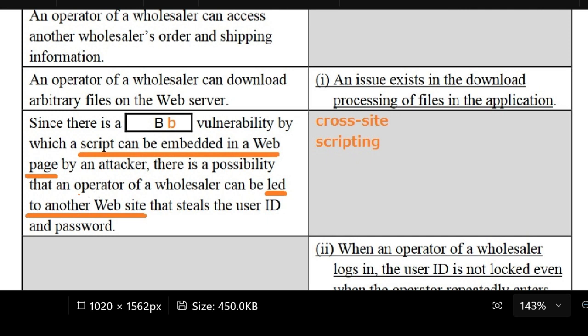Okay, so in this case, just like what we explained a while ago, we got some kind of script going on here, and it's moving from one web page to another. So the script has been embedded in a web page, and then it leads you to another web page. So that sounds really like the cross-site scripting that we were talking about a while ago. So the answer is letter B.